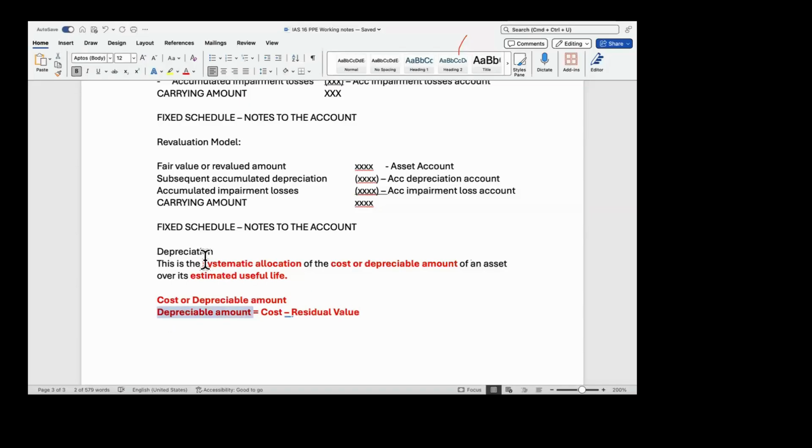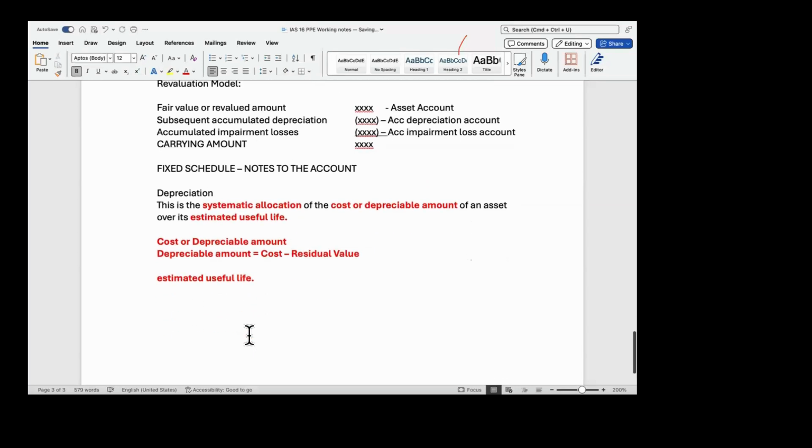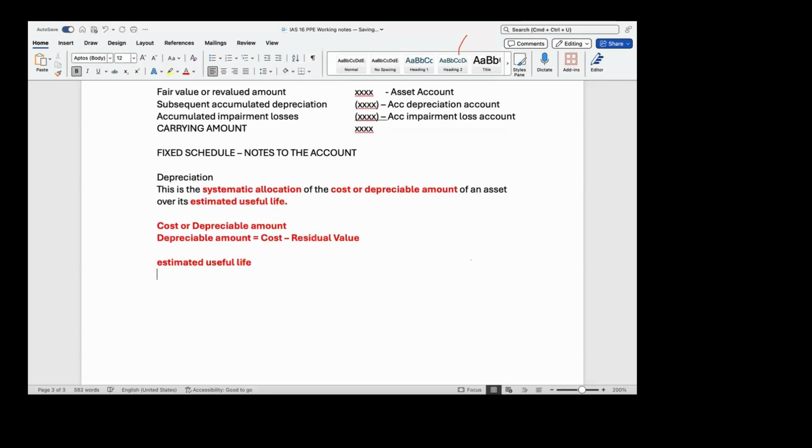Now, before I go to this, how you allocate, let me also mention this estimated, because this cost or depreciable amount, you need to allocate it over the estimated useful life of that asset. And when I say estimated useful life, it can easily go for the number of years the item or the asset would be productive.